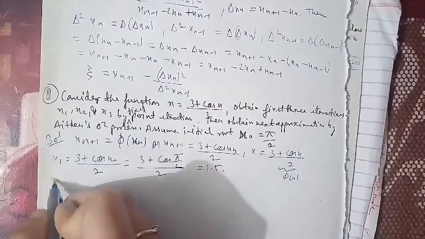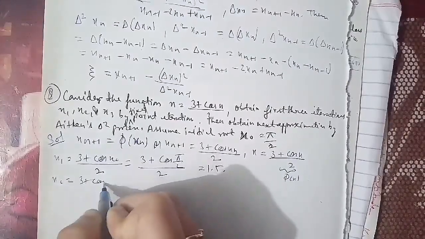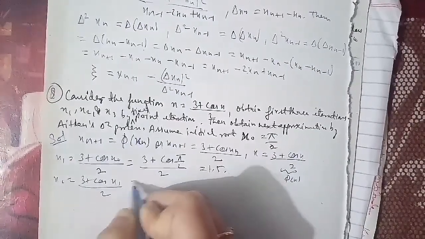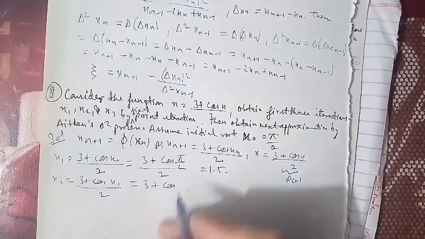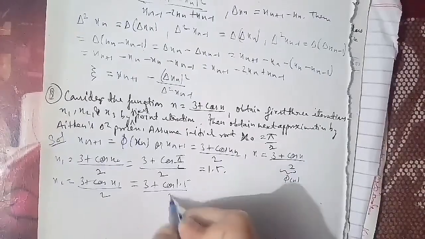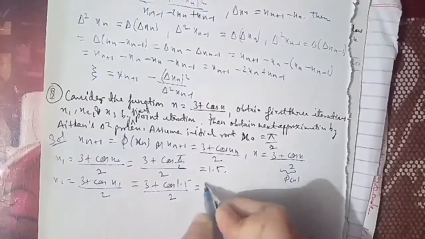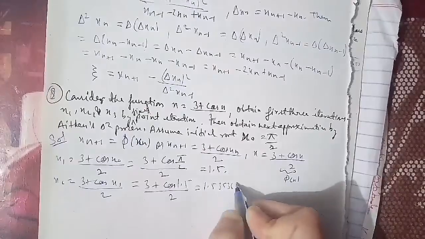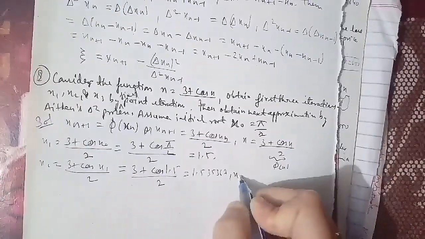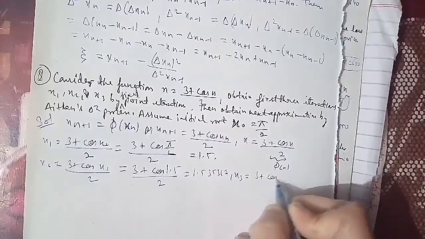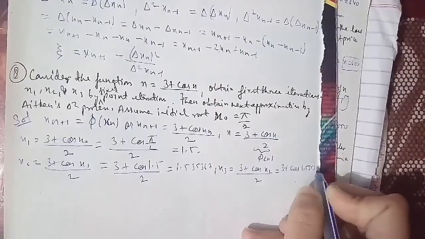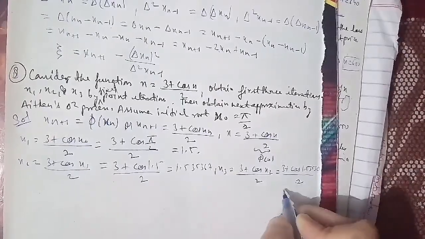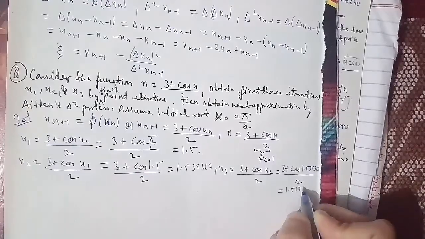For x2, x2 equals 3 plus cos x1 upon 2, that is 3 plus cos 1.5 upon 2, and we get 1.53537. For x3, x3 equals 3 plus cos x2 upon 2, that is 3 plus cos 1.53537 upon 2, which gives the value 1.517711.